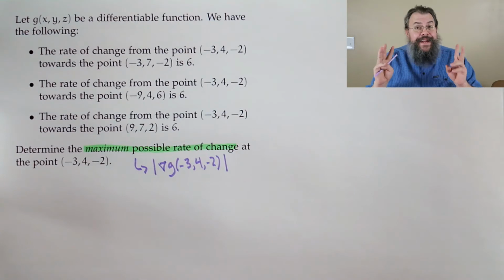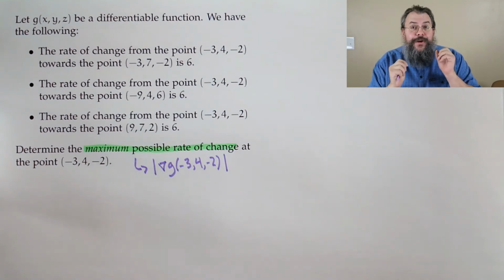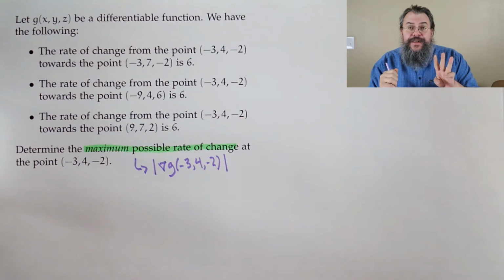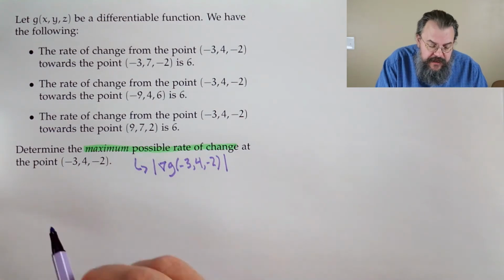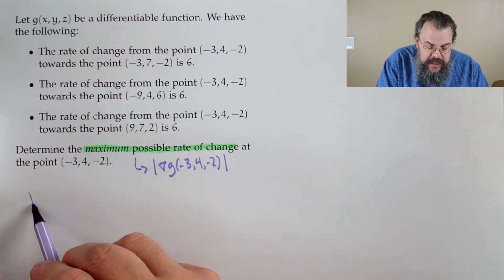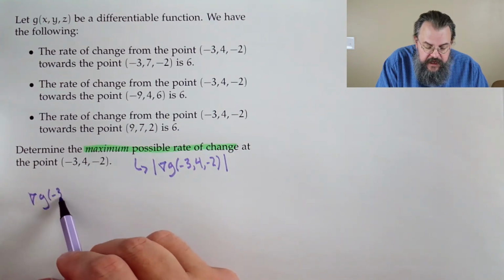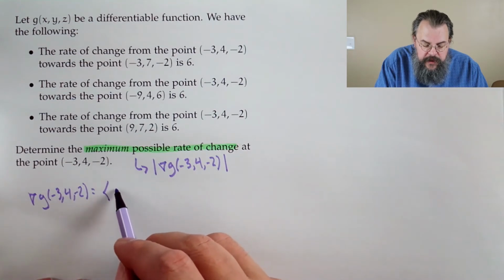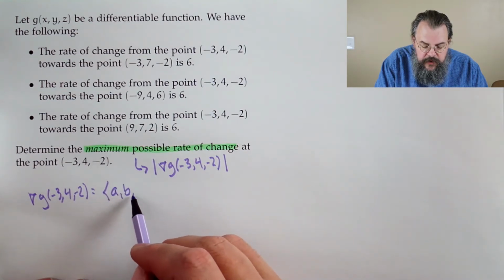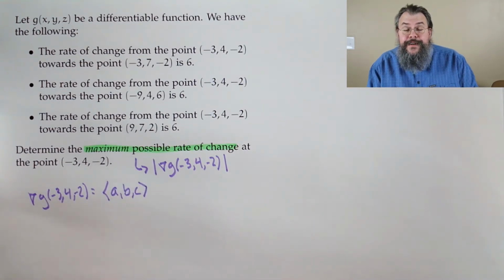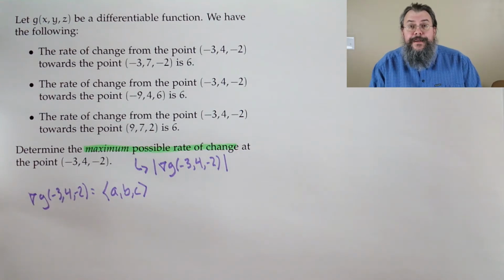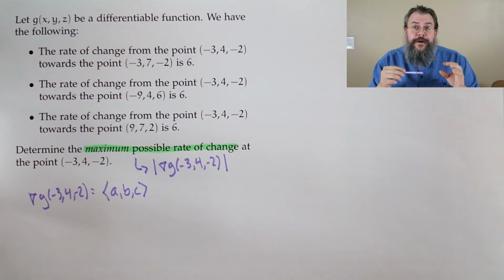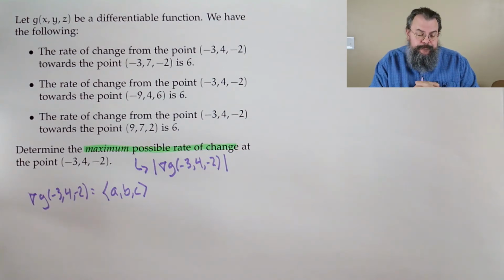Our gradient will be a vector with 3 entries. In particular, we can think of our gradient of g at negative 3, 4, negative 2 as being a vector. Well, we don't know what the entries are. Once we do, we can get our answer, but we can think of it as A, B, C.